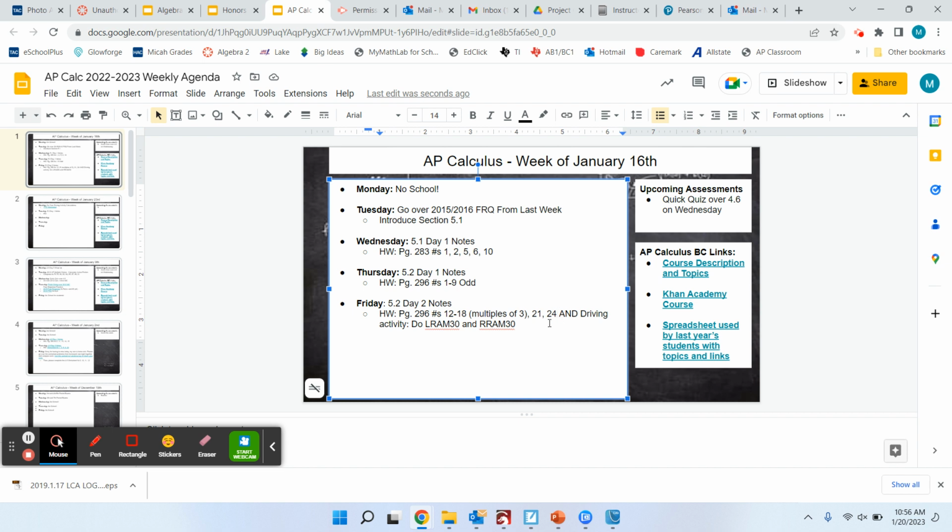Okay? Next, I would like for you guys to calculate the LRAM 30 and RRAM 30 for your driving activities. Please keep in mind, you did 10-second intervals. What do we want our answers to be in? What should the area under your miles per hour graph be?